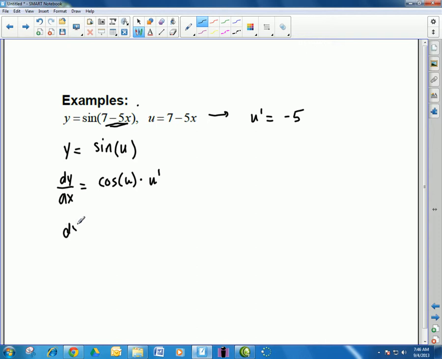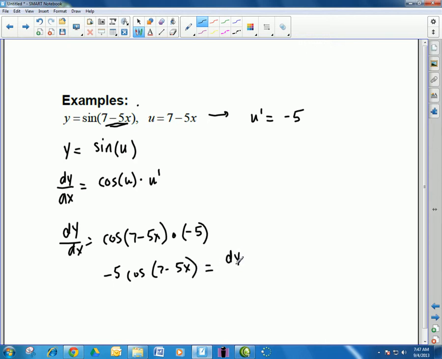So the derivative of this original function is cosine of u. Remember, the inside function stayed the same. It did not change. Times the derivative of the inside, the derivative of 7 minus 5x, which is negative 5. You can write that as negative 5 cosine of 7 minus 5x, and that is your derivative of this function.